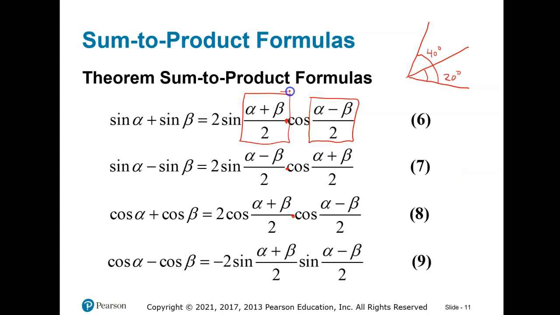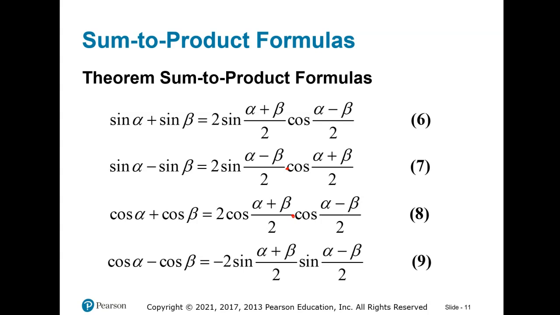Basically, once I found the average, the 30-degree angle, what would I have to add and subtract to get back to my original two? I'd have to add and subtract the 10 degrees to get back to 40, and back down to 20. So one of them is the average and one of them is the gap from the average to get back to the originals.